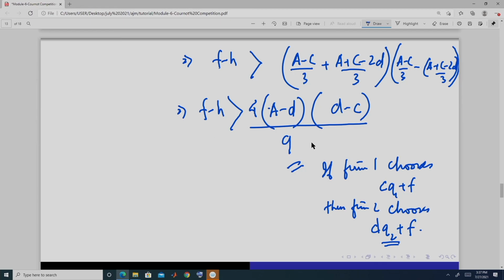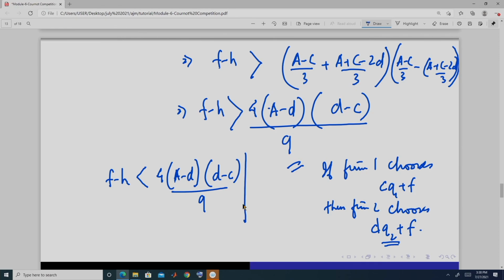Or if this is not satisfied, then if farm 1 chooses this, farm 2 chooses this only. If this, then if farm 1 chooses CQ1 plus F, then farm 2 chooses CQ2 plus F. It should be H.